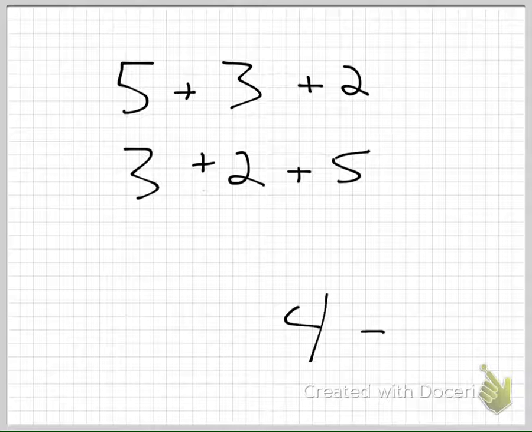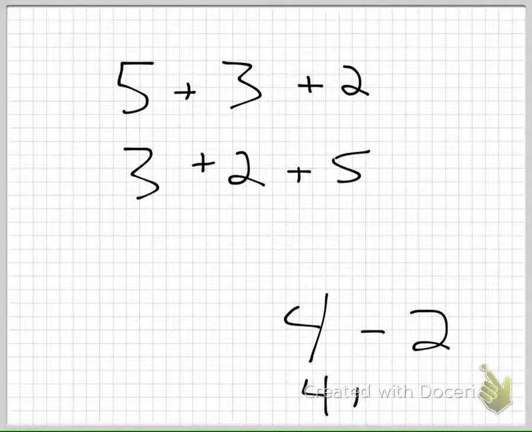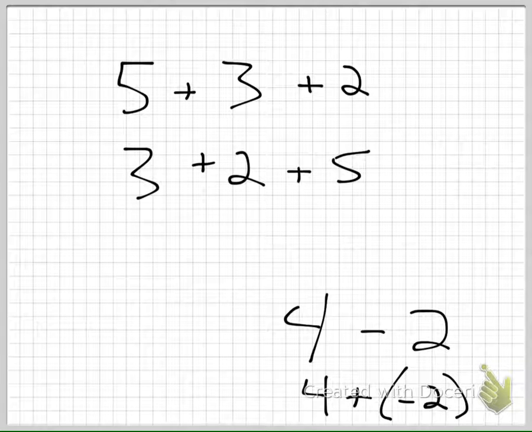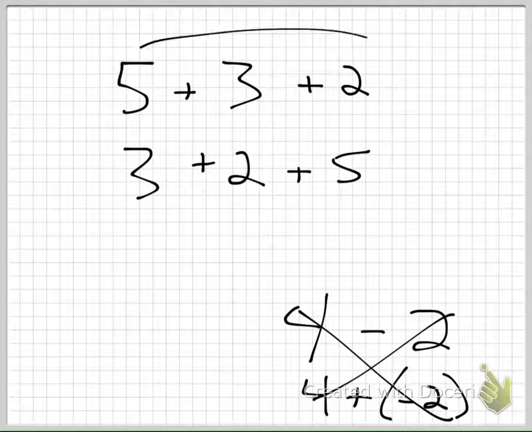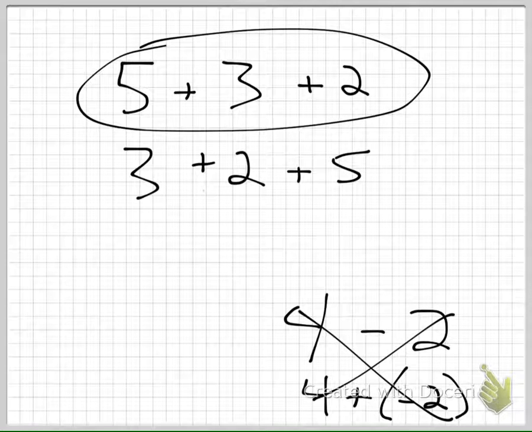What is 4 minus 2? Okay. What is 4 plus a negative 2? Subtraction is simply addition. You can make subtraction addition. So anytime you have a string of addition, which includes subtraction, I'm allowed to move the numbers around anywhere I want to, and the answer is going to be the same.